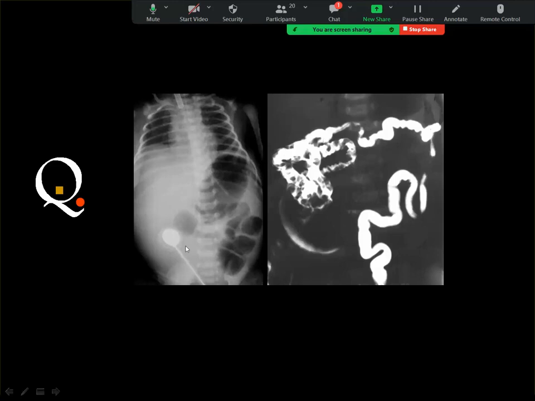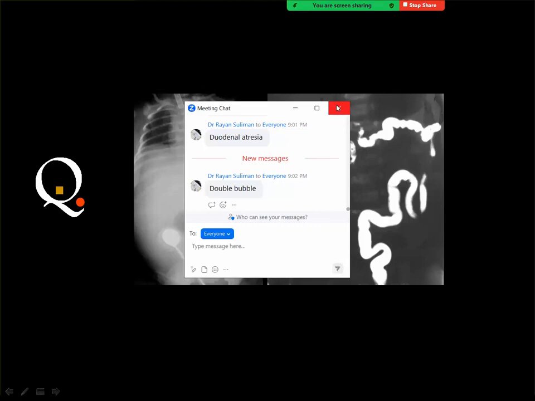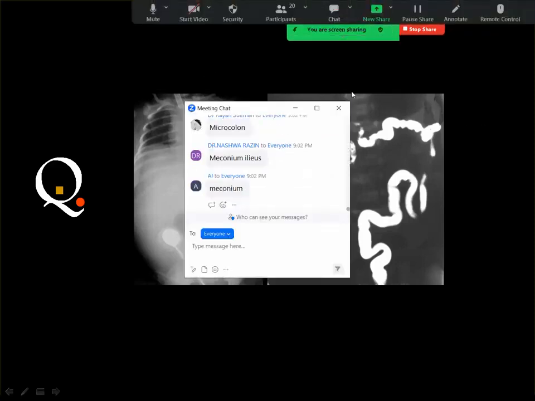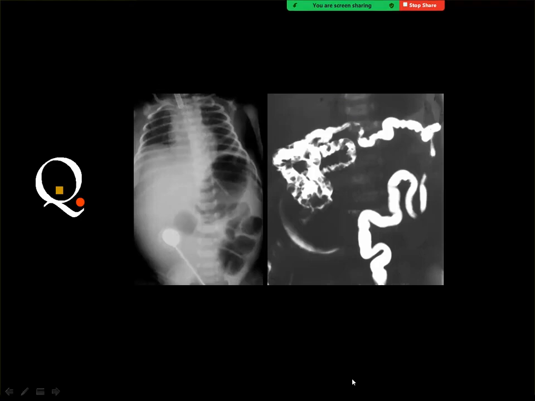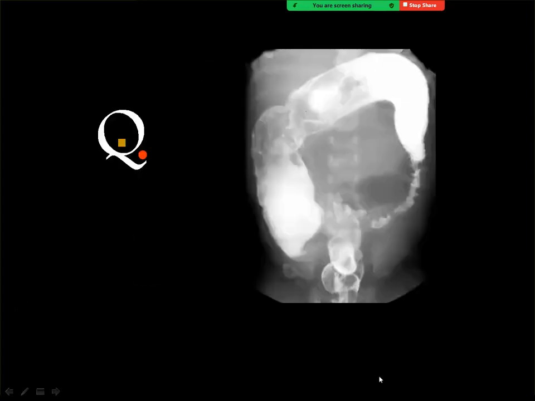Next case, plain film and barium enema. Yes, meconium ileus, right answer. You can easily appreciate the pellets of inspissated meconium in the distal part of the ileum as well as in the ascending colon, which is very characteristic of meconium ileus.